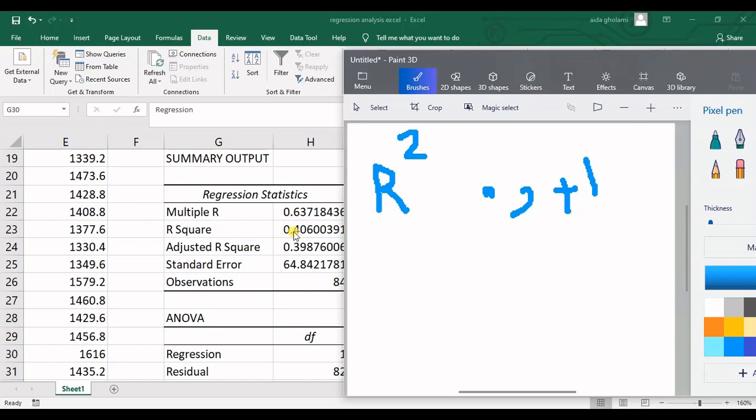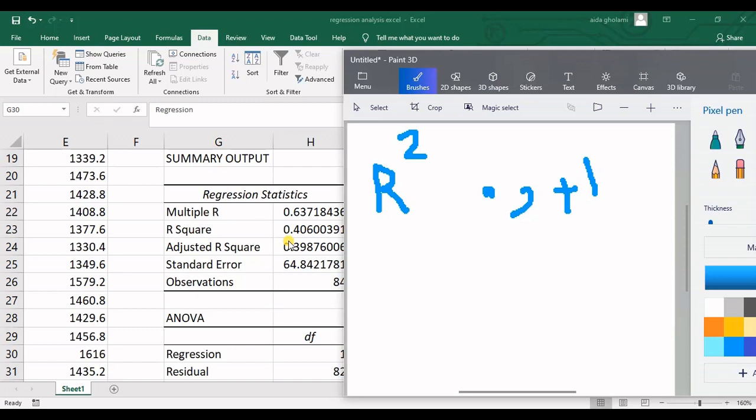So here it's 0.40. It's not that good, so we can say there is not that much significant relationship, but still it's not that bad. Based on the accuracy of your data, this also could be a really good one. So you cannot judge just based on the raw data.